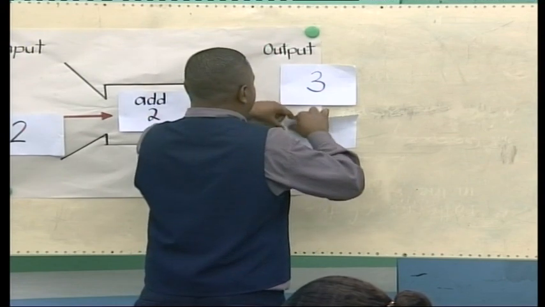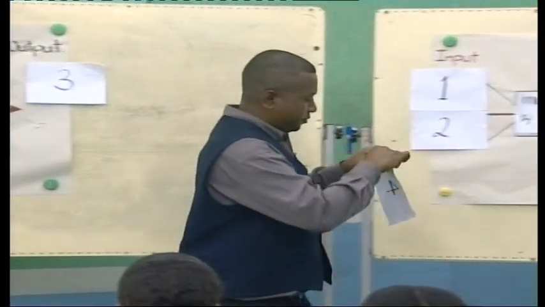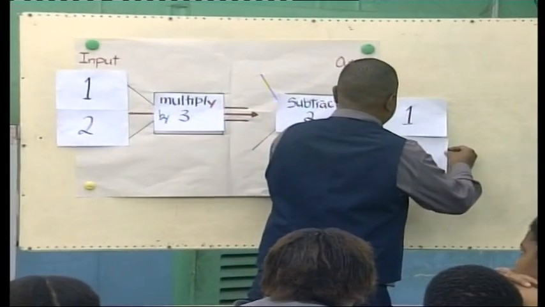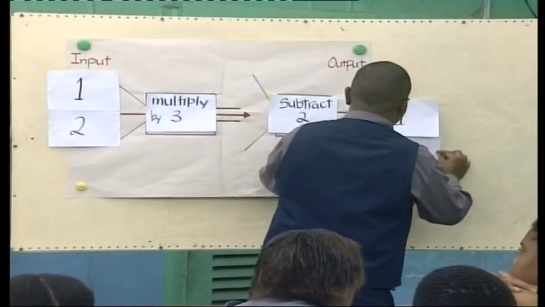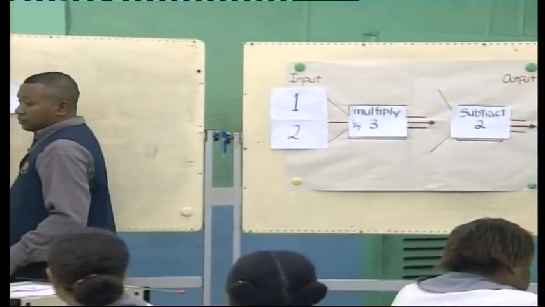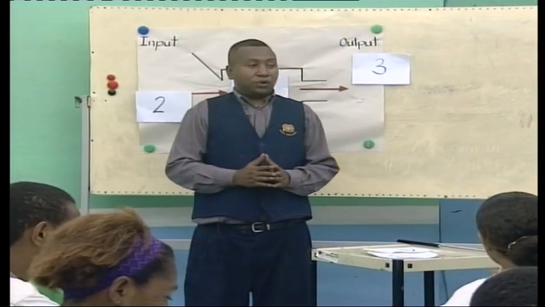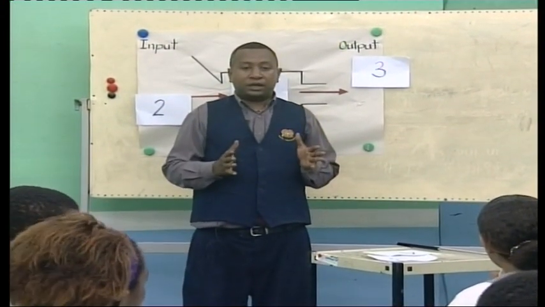Okay, good. Now let's go and put our answer on the other side. The answer will be 4. So 70s and receiving students, by now you should know how the machines work.